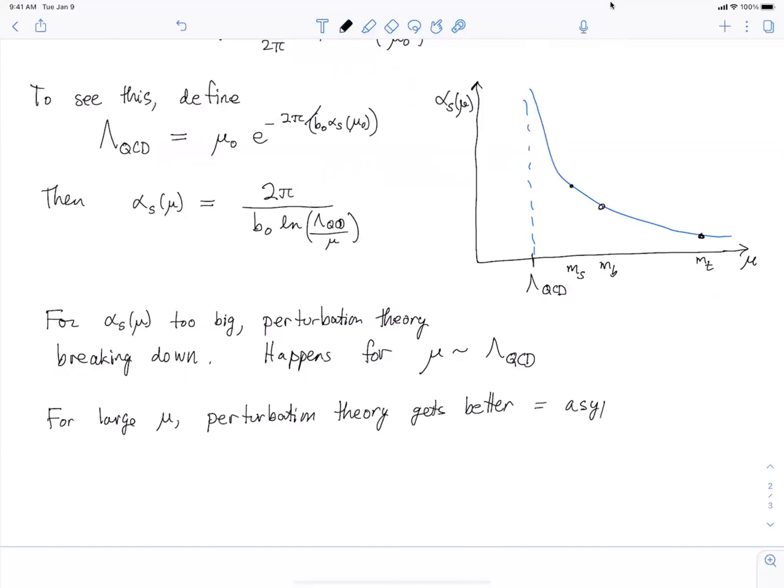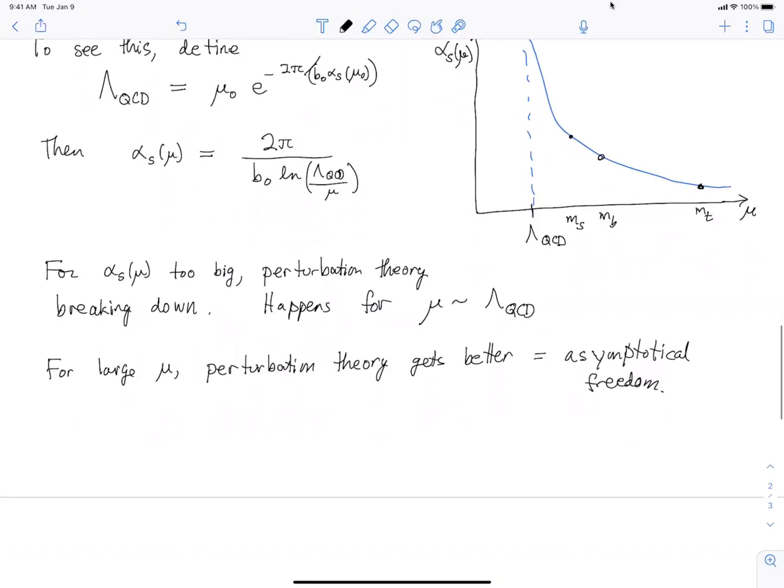At asymptotically high energies, I can't spell asymptotically. Asymptotic freedom. And then for small mu, namely mu near this scale lambda QCD, that's called infrared slavery.